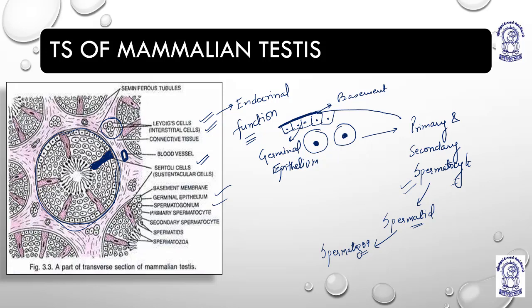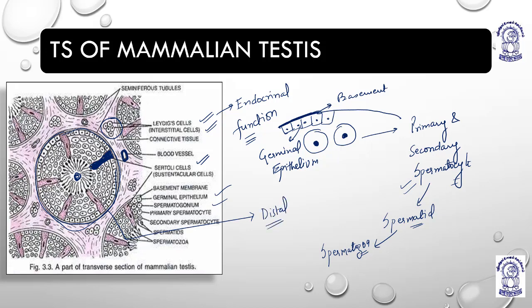You can see the seminiferous tubules. If we cut the mammalian testis, the seminiferous tubules show a proximal end, because here is the cavity through which the sperm will get free. The part towards the germinal epithelium is the distal end.